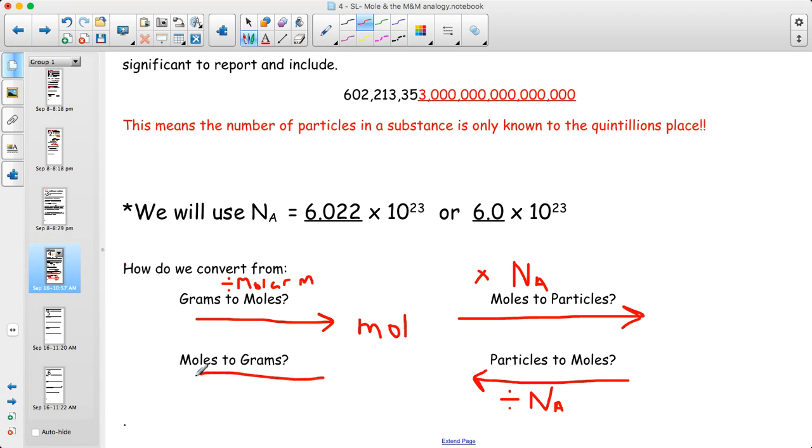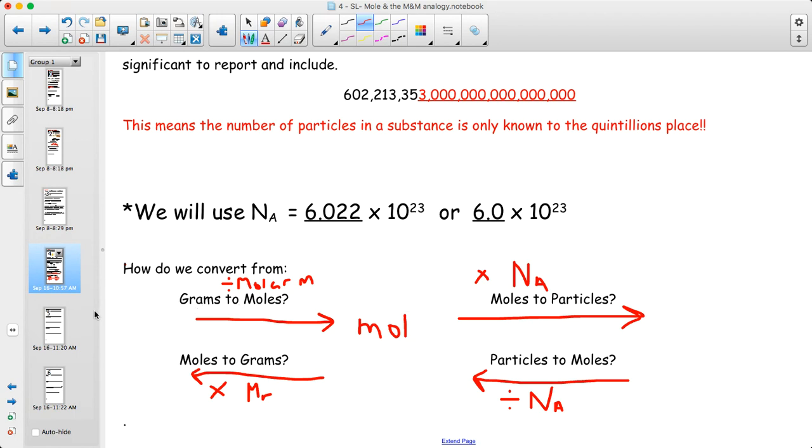Or take the number of moles and times it by the molar mass, just use big M to symbolize molar mass, and you'll get the mass or the grams of that substance. So if you replace the word mole here with bags, it would be identical to what I did in the beginning of this video.